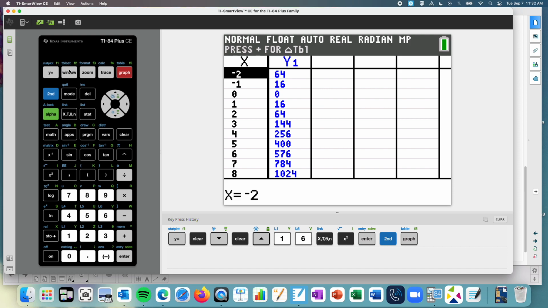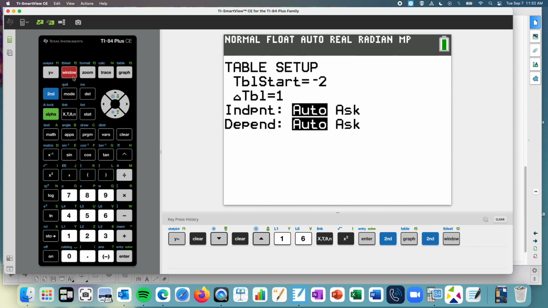I can't read it at all, but I think above window it says TBL set. Yes. Okay, good. So that's how to set up the table set. Right now, my table started at -2 and went by ones. The independent variable is the numbers on the left-hand column that were plugged in place of x.